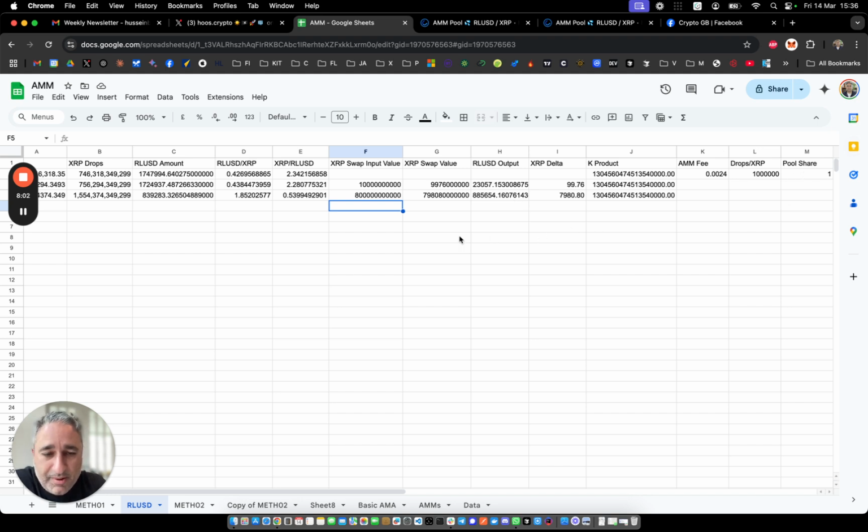They're very closely correlated. But as you can see, as the exchange rate of XRP depreciates against RLUSD, you're maintaining the overall value that you entered into the pool, plus you're actually accruing fees. And that could be quite significant.